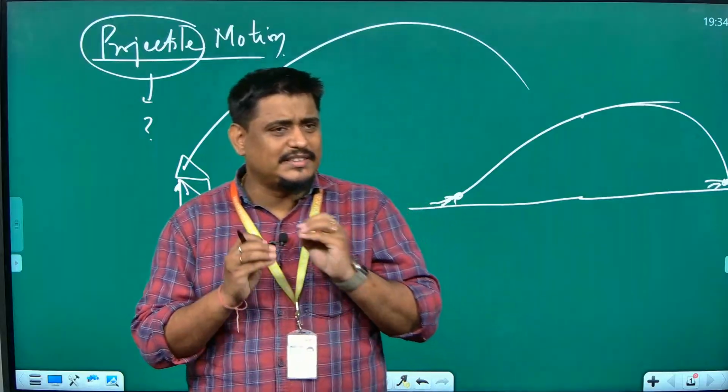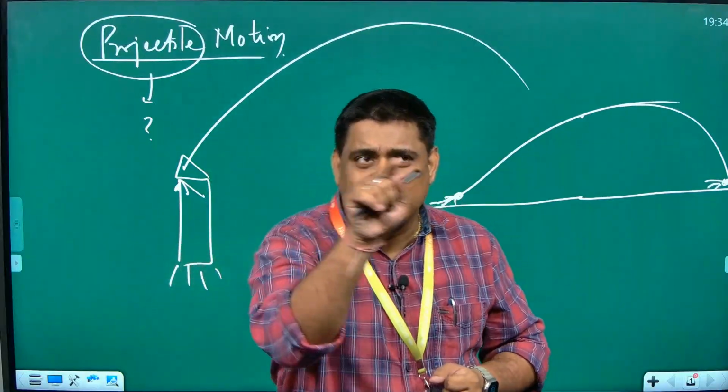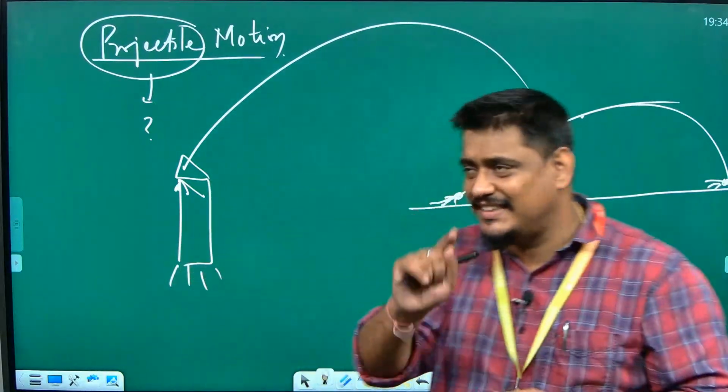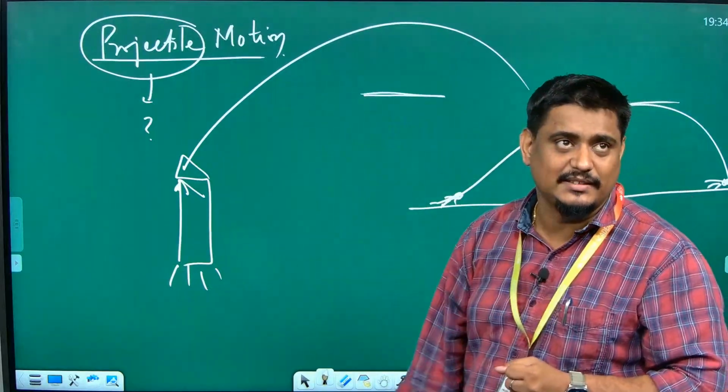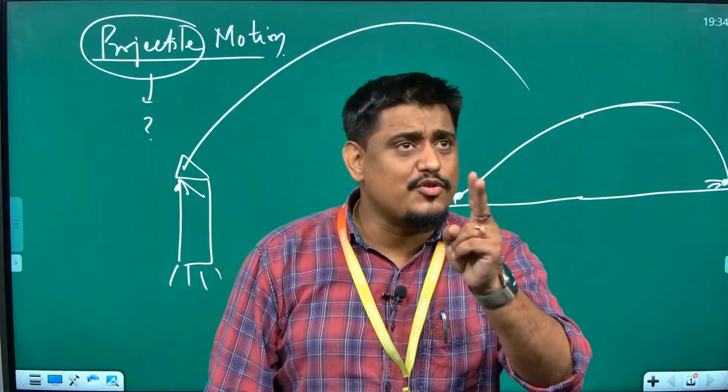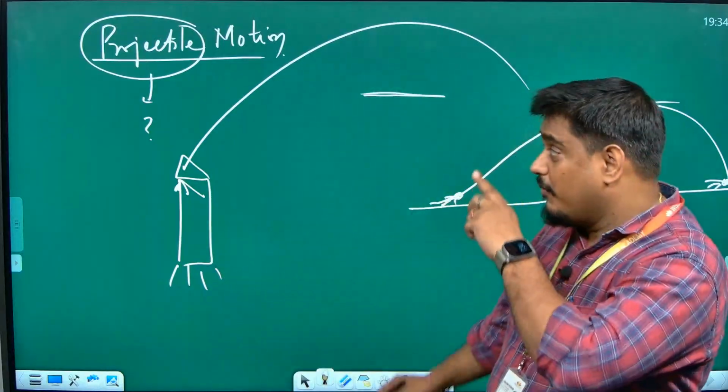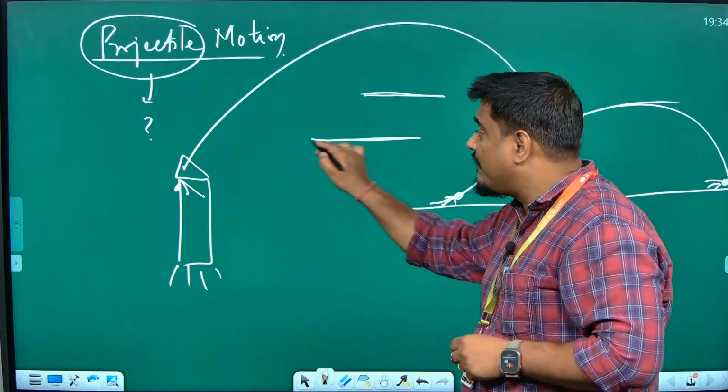If you wrote this definition, underline some things in this definition. The first thing you should underline is projected with a velocity. Second thing you should underline is moving under influence of gravity.